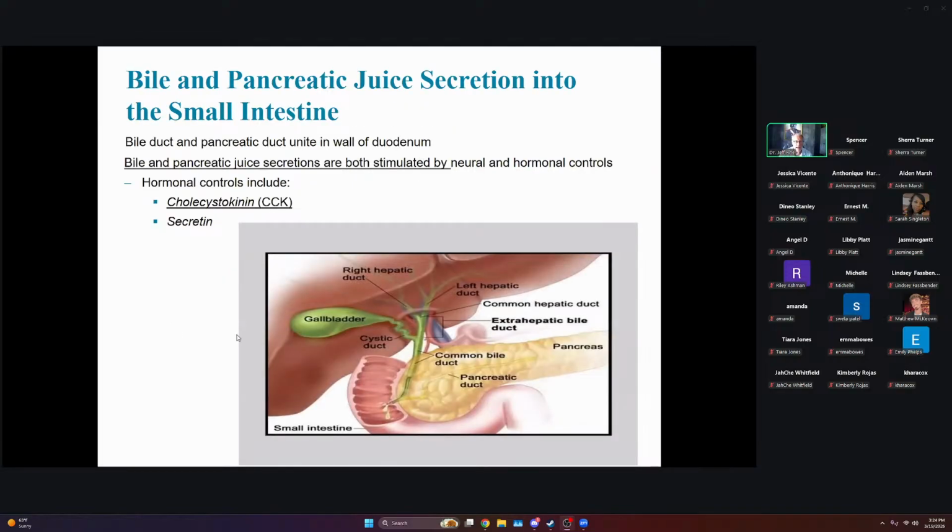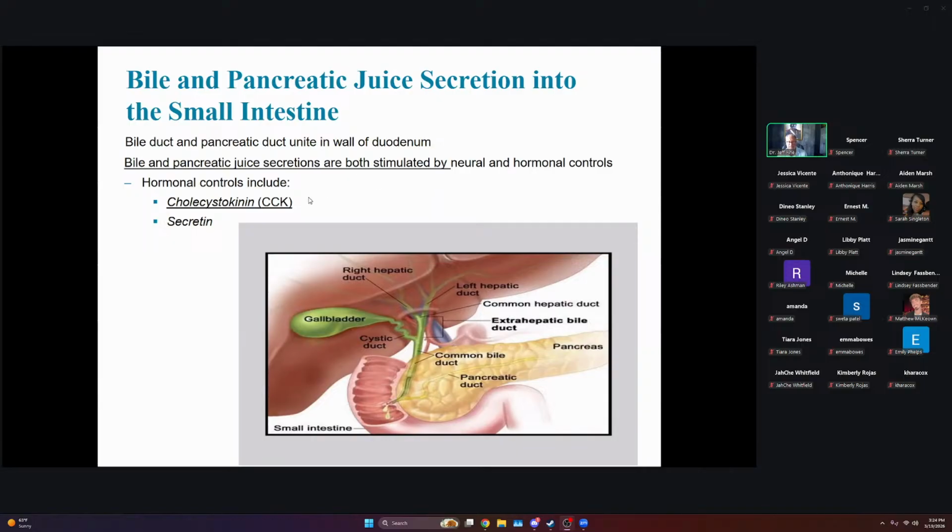All right. So our bile release and pancreatic release are controlled hormonally. There are also neural controls that will stimulate the release of bile and pancreatic juices, but for the most part, hormones drive these releases, okay?